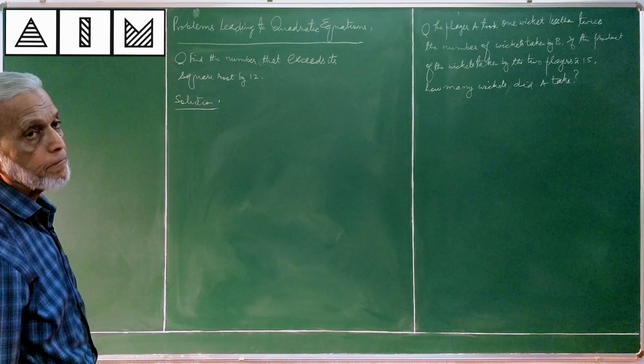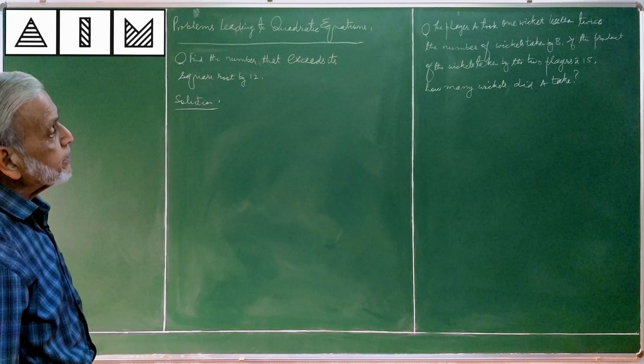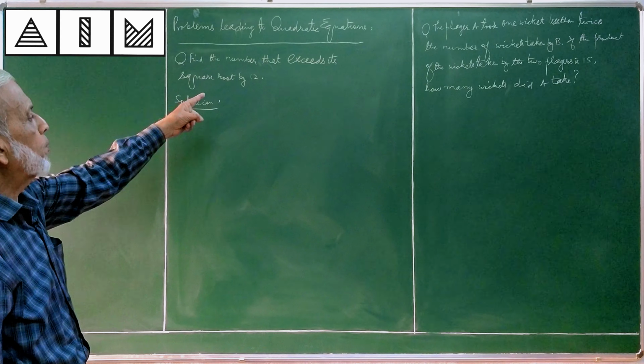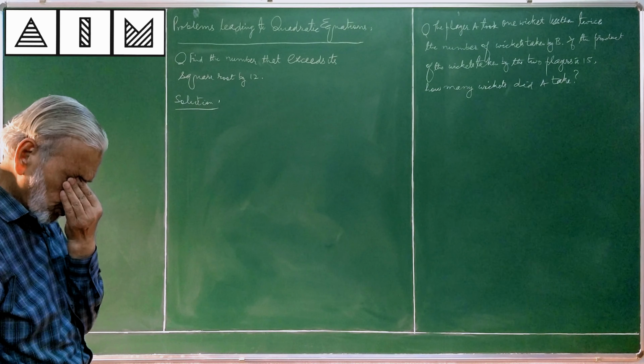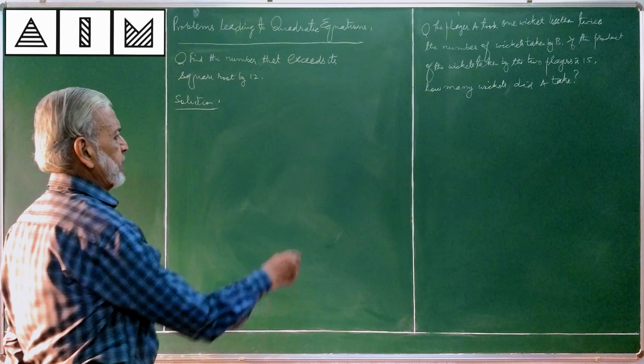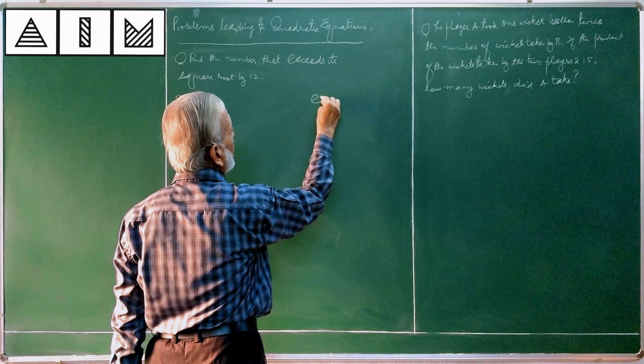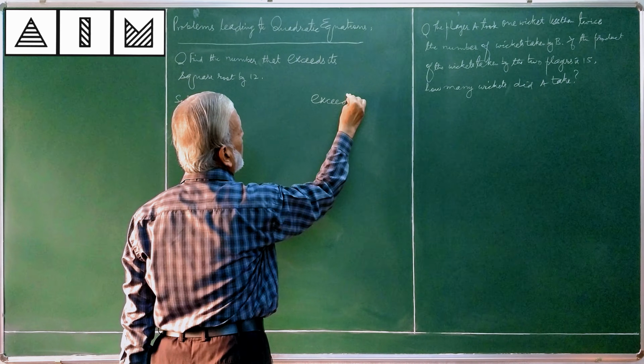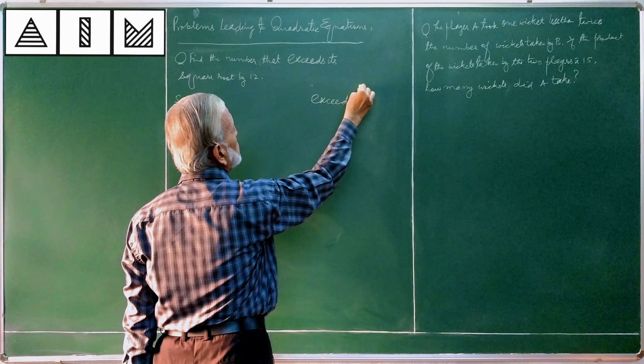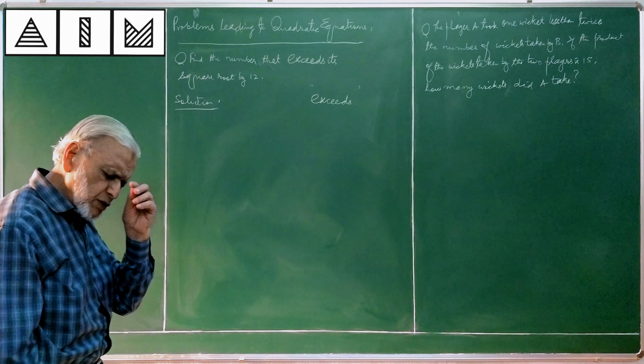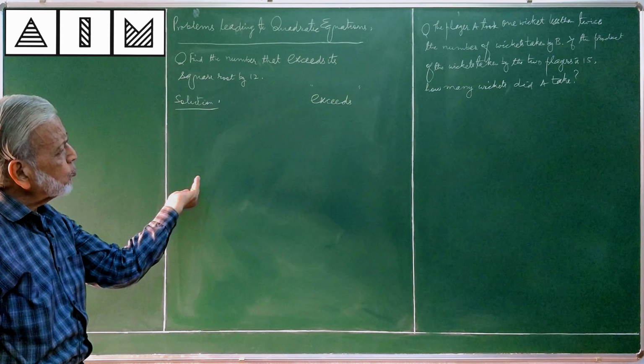Find the number that exceeds its square root by 12. This word "exceeds" is often used in mathematics. It confuses the students whether this is more or that is more.